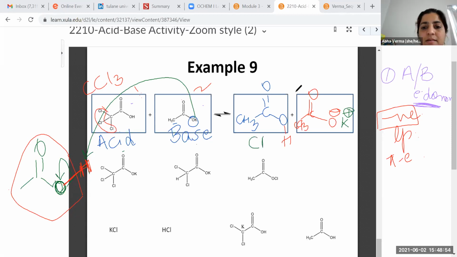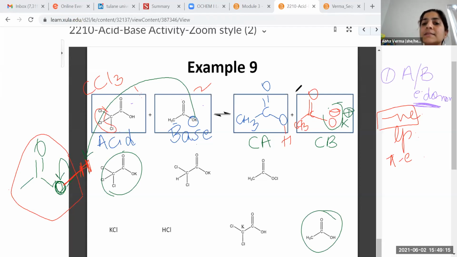Very good. So this is my conjugate acid, and because of the strong electron donor right here, I will have a conjugate base. So which two materials have I identified here? I have this and I have this as my products.